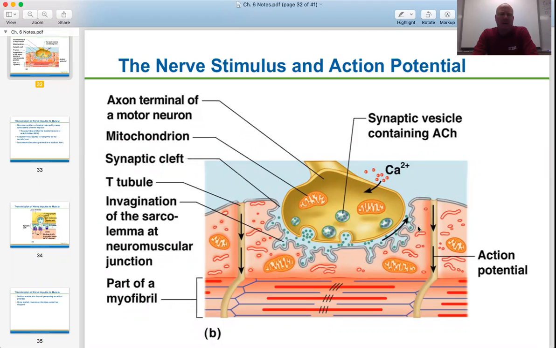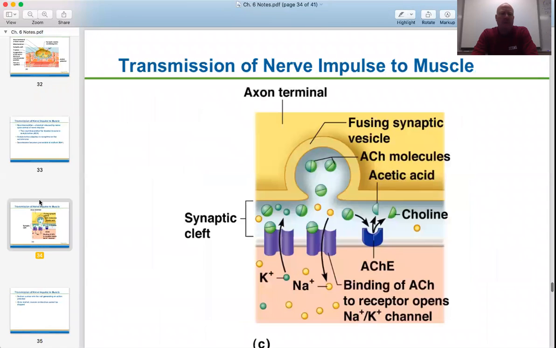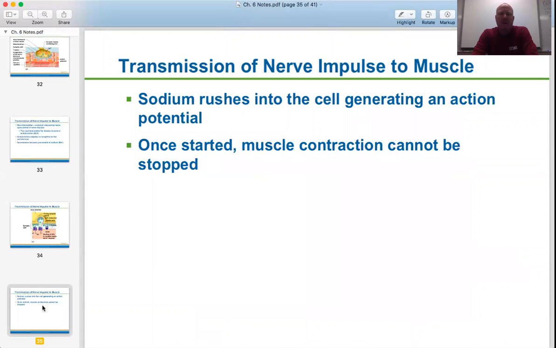The last thing we talked about yesterday was that after that sodium rushes into the muscle cell, what's created is called an action potential. An action potential is the initial stages of the muscle contraction, and that's what we'll be talking about today.